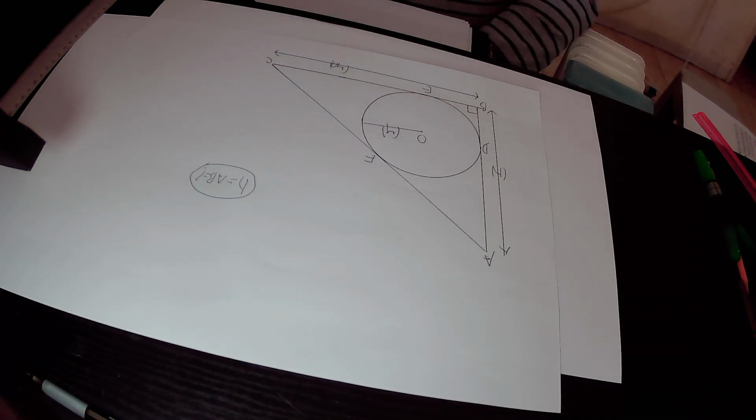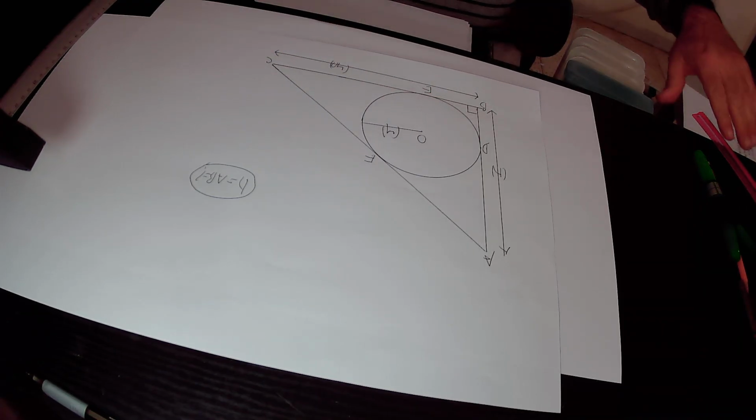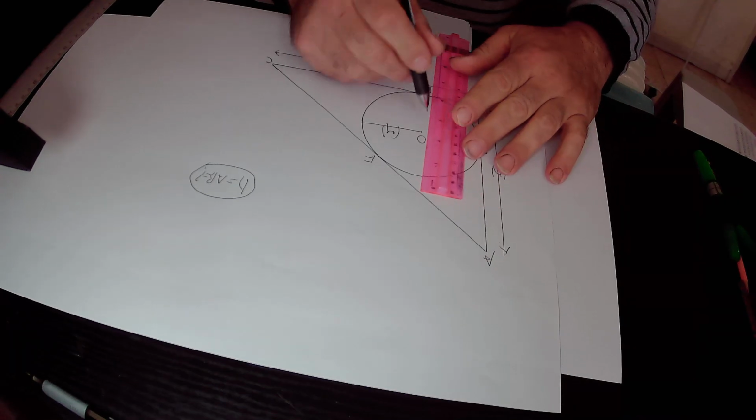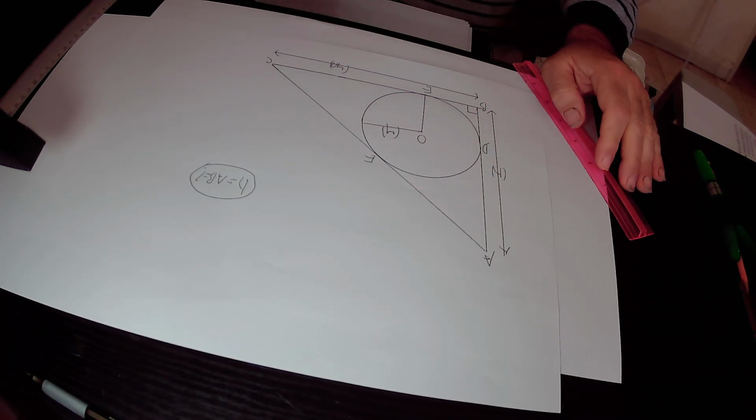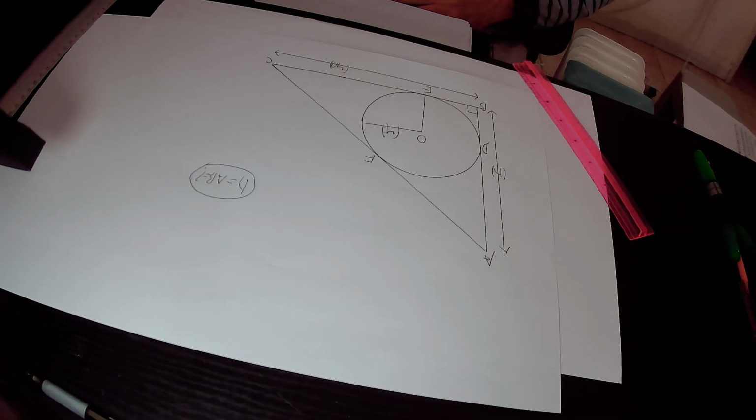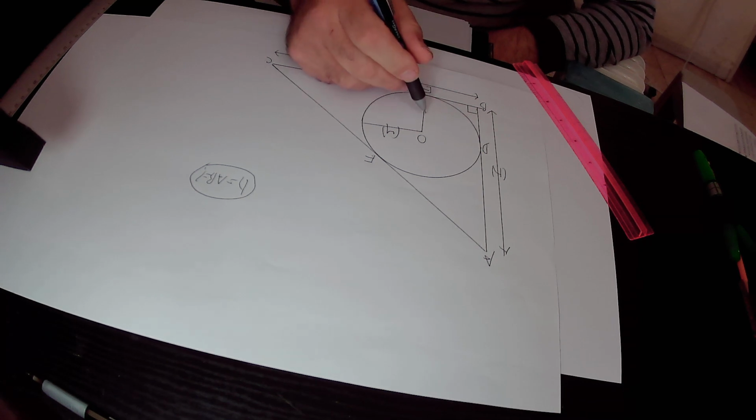In the next step, we will join points O and E together by a straight line. Point O is the center of this circle, point E is a point on the circle itself, therefore OE is the radius of this circle. That equals 4 units according to what is given in the question.